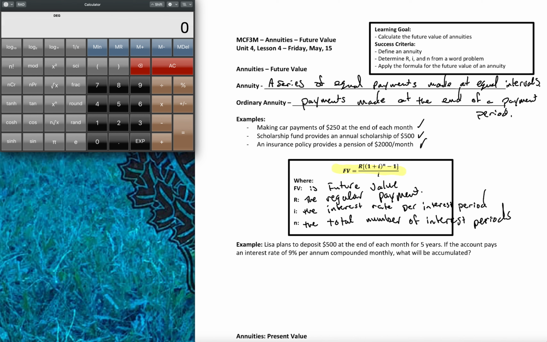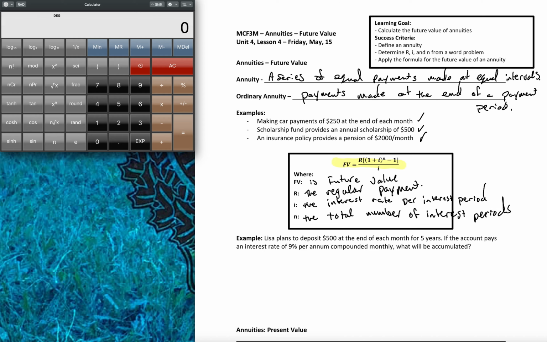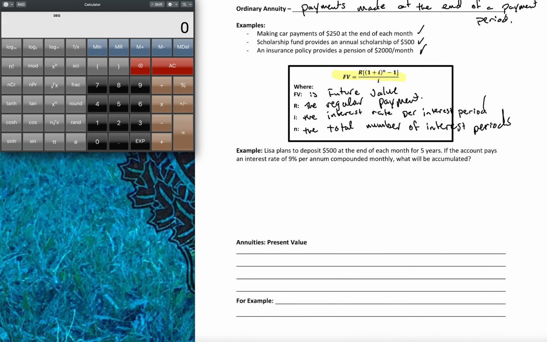So, without further ado, let's take a look at an example. Lisa plans to deposit $500 at the end of each month for 5 years. If the account pays an interest of 9% per annum, compounded monthly, what will be accumulated at the very end?